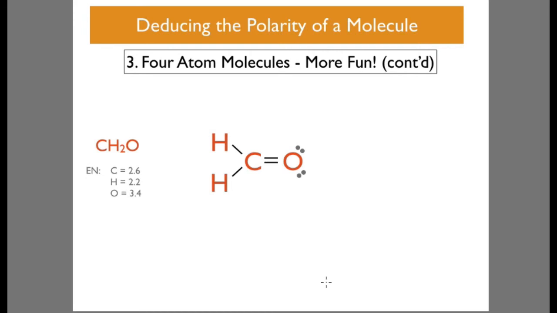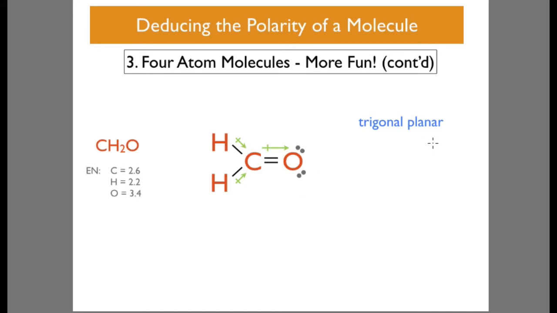Can you have a go at this one, please? Press pause. Okay. You've got a polar covalent bond between the carbon and the oxygen, because the oxygen is more electronegative. And you've got smaller polar covalent bonds towards the carbon. And you see it's only a difference of 0.4, but that's enough. Remember, it's got to be above 0.3.